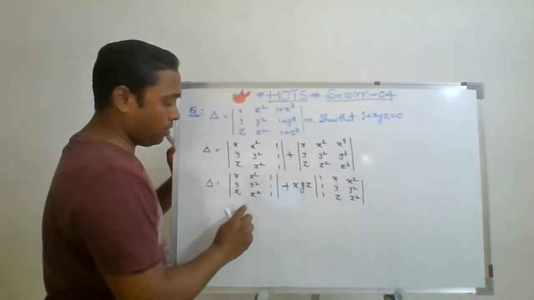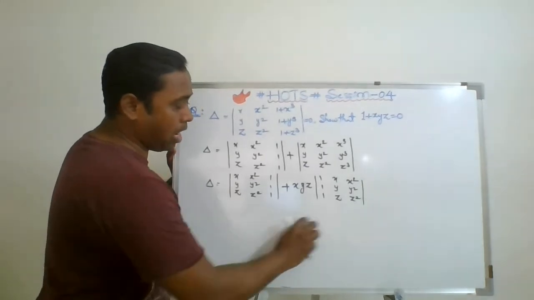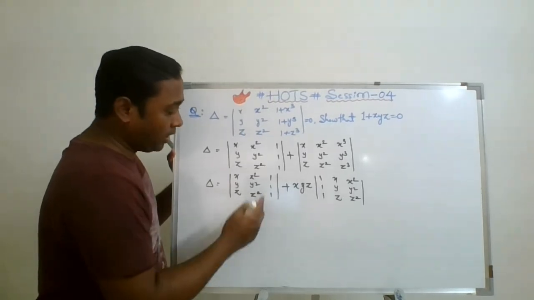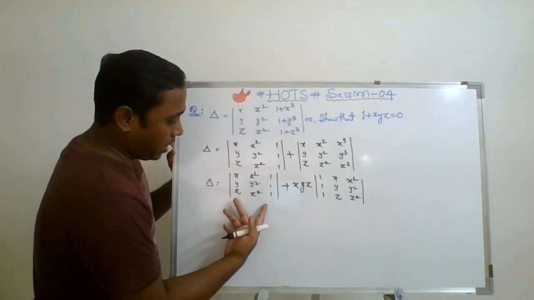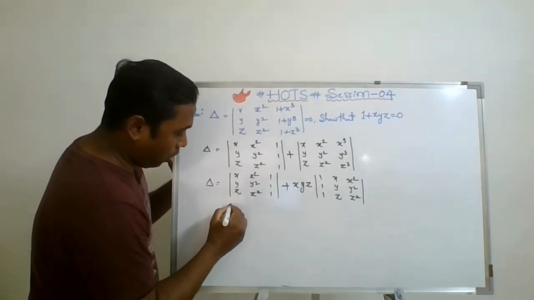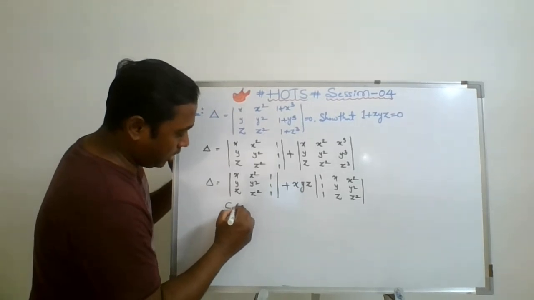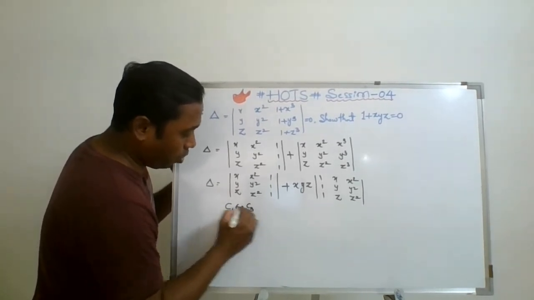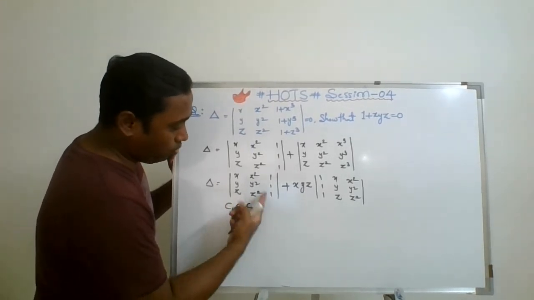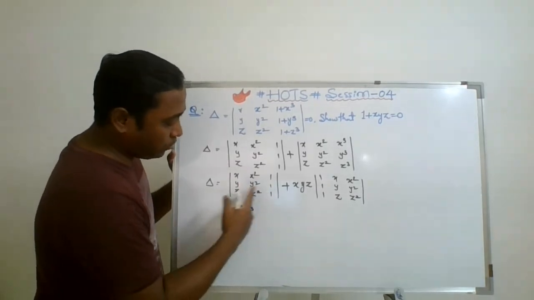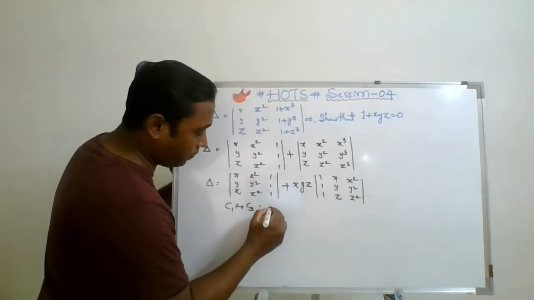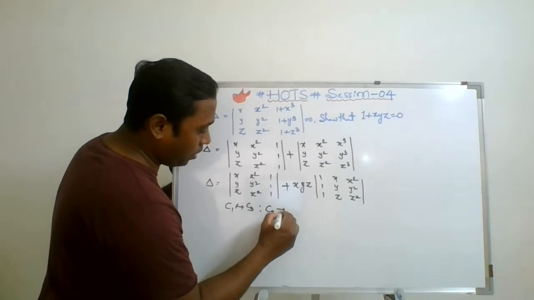Now if I see here, these two determinants are basically the same, just by shifting the terms. If I shift columns, let us say I swap column 1 and column 3, so this column will come over here and x, y, z goes here. Thereafter I swap C2 and C3.